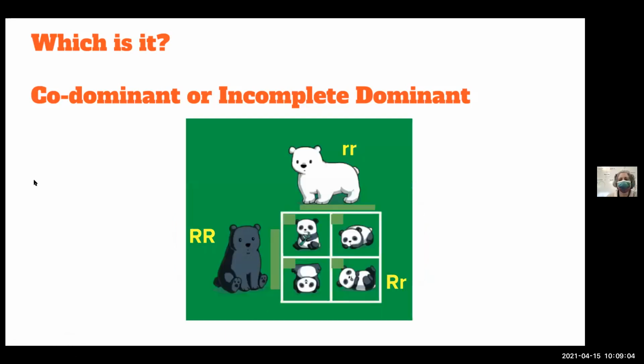All right, I know this is not how you make a panda bear, but this example was just too darn cute not to share. So what would this be showing an example of? This would be fun if this is how you made a panda bear, if you crossed a polar bear and a black bear.